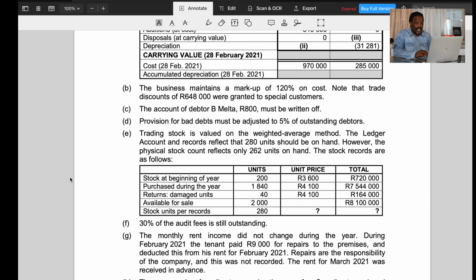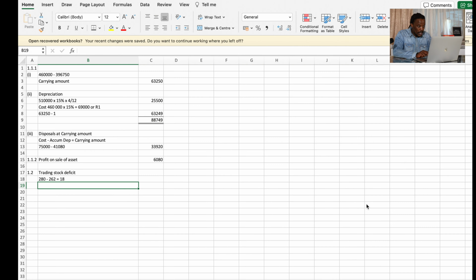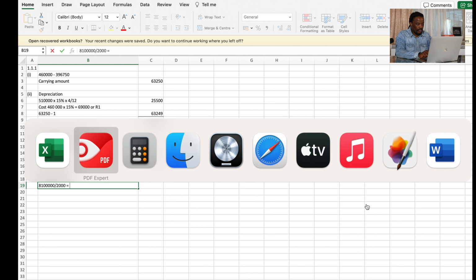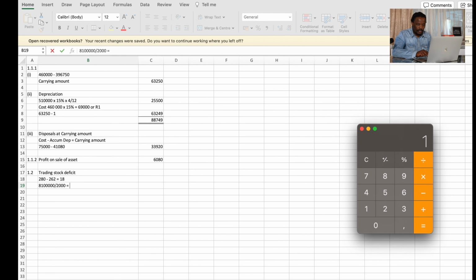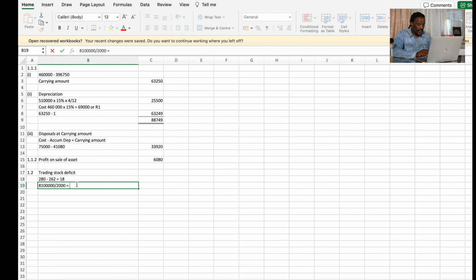And remember, for the weighted average, you take the total that is available for sale, 8.1 million, divided by 2,000 units, which equals 4,050.